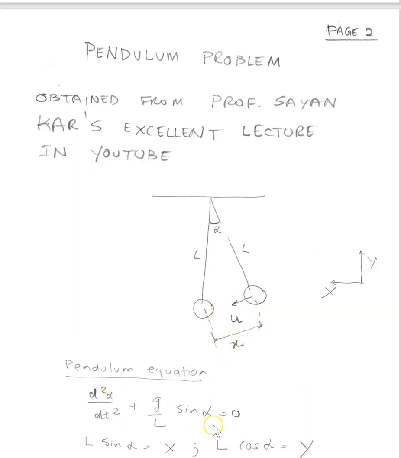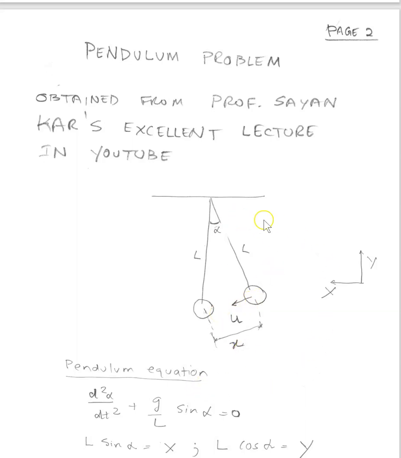Now we could use this equation: x is equal to L sine alpha, and y is equal to L cos alpha. For each one, you could find x and y at any given time. So you could find the relative velocity between these two pendulums at any given time based on this equation.